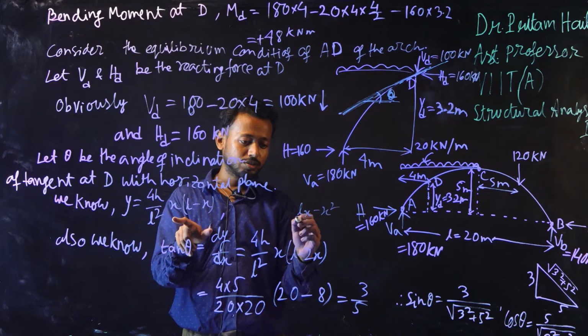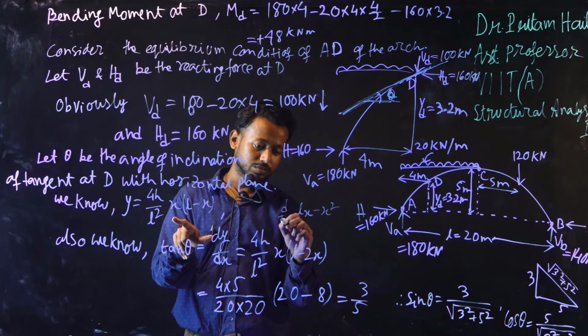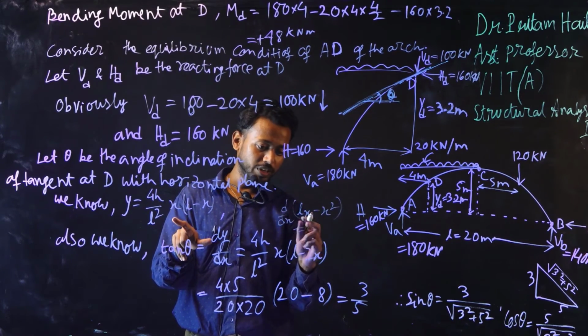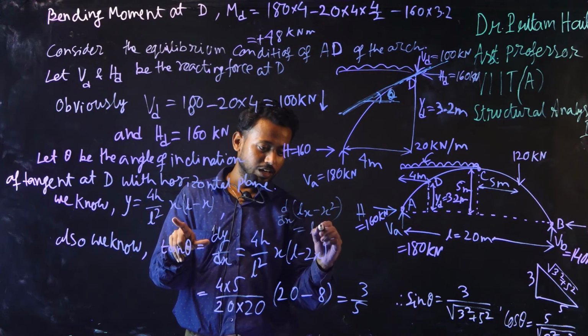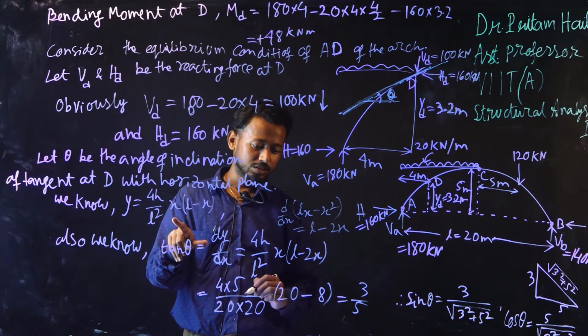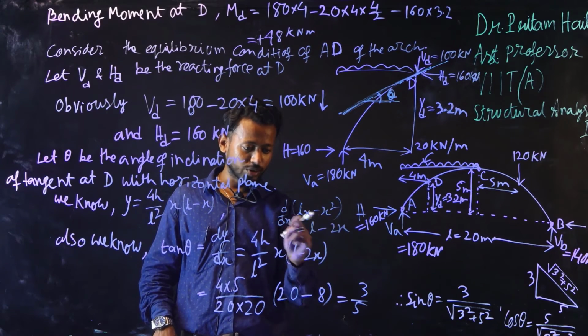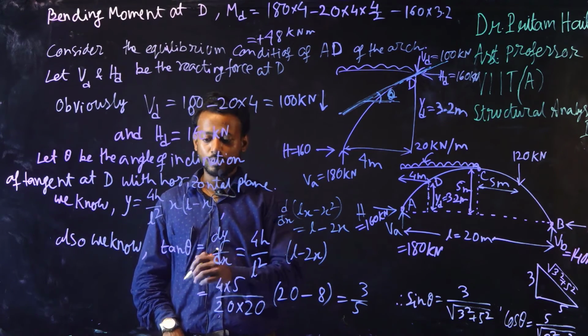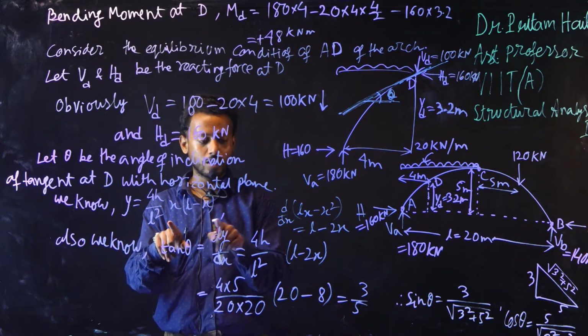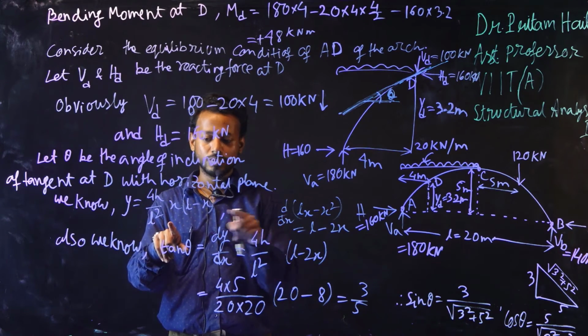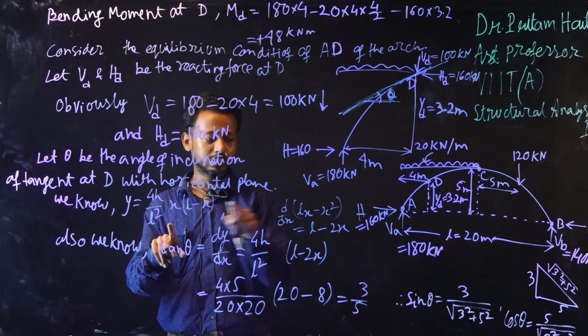Okay, so the derivative of this function will be L minus 2x. If you do the derivative, you have dy dx of L into x minus x square.